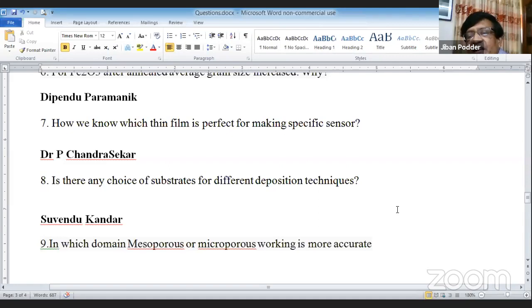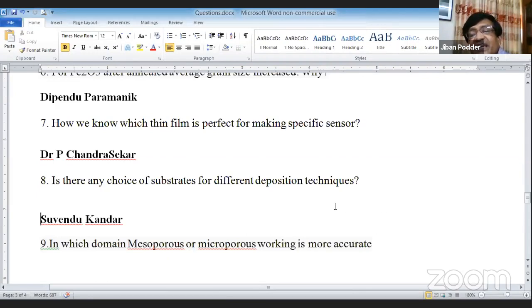From the contact point of view that is good, and for adhesion ITO and FTO are both good, because there should be good matching, which depends on the phase.